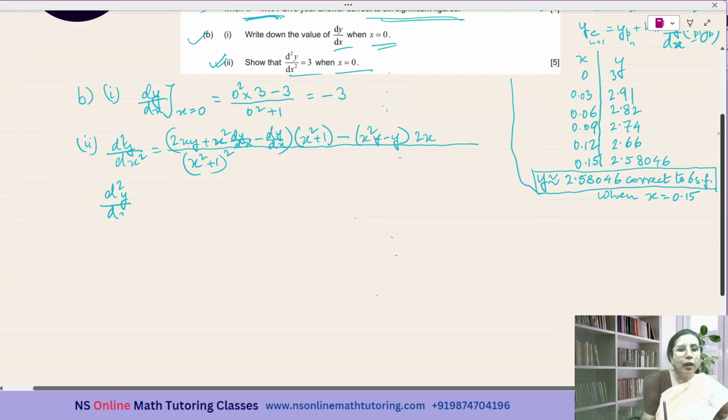So d2y by dx square when x equal to 0 is equal to 2 times 0 times y, and when x equal to 0, y was equal to 3, plus 0 square dy by dx, and when x equal to 0 it is negative 3.